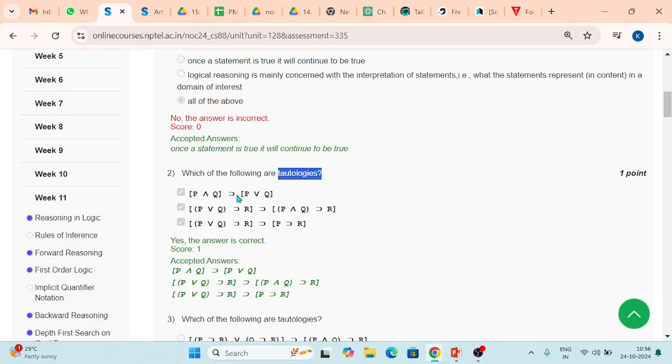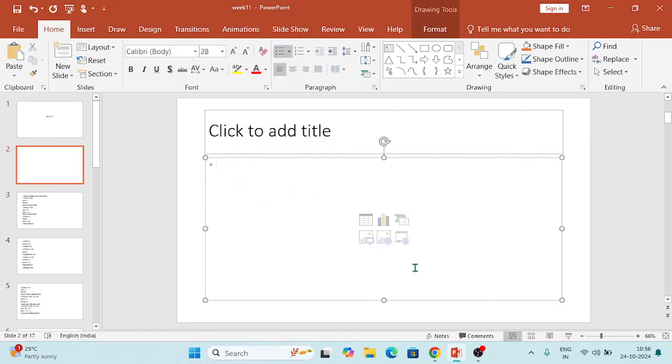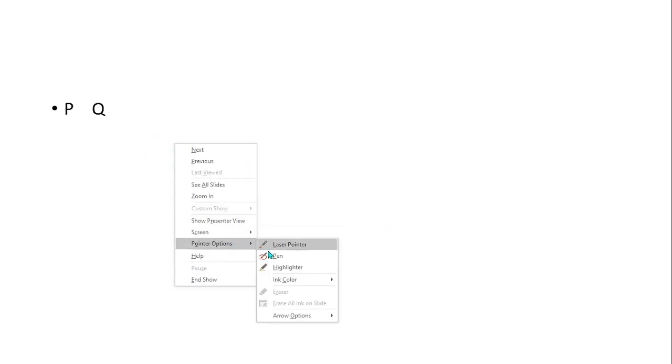Okay, so take p and q. (p and q) implies (p or q) means take p and q values. Take the values of both p and q, so you are having 0 0, 0 1, 1 0, 1 1 values, and what they had given, p and q.